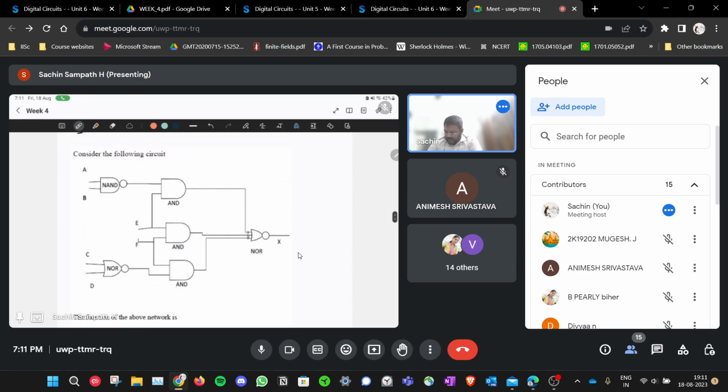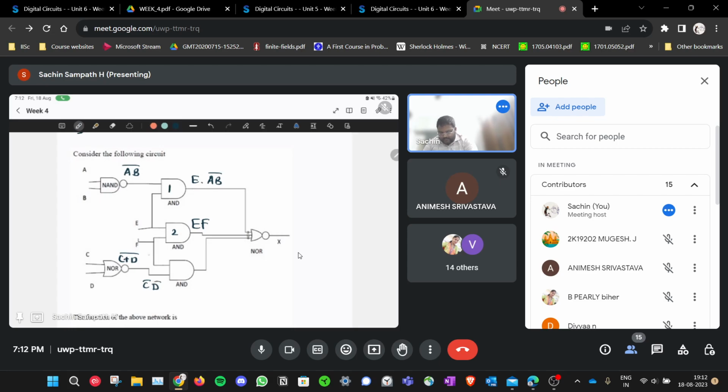So you have a and b given to an AND gate, so you will get a b bar, and e and a b bar are given to AND gate, so it is e dot a b bar, right? And the second AND gate, let's call it 1, that will give you ef. This NOR gate will give you c or d whole bar, which is nothing but c bar d bar, right?